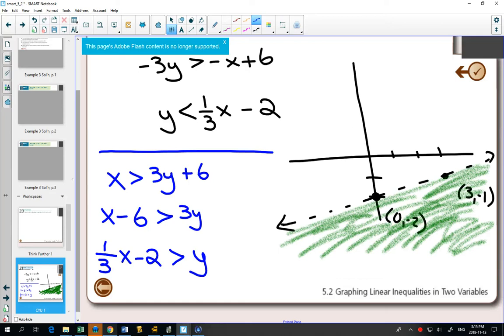But if I want to write the y on the left side, you can read this backwards. Can you see that this is y is less than 1/3 x minus 2? So if I wrote it the other way, it still is the same thing. But the sign gets flipped when I switch things around.